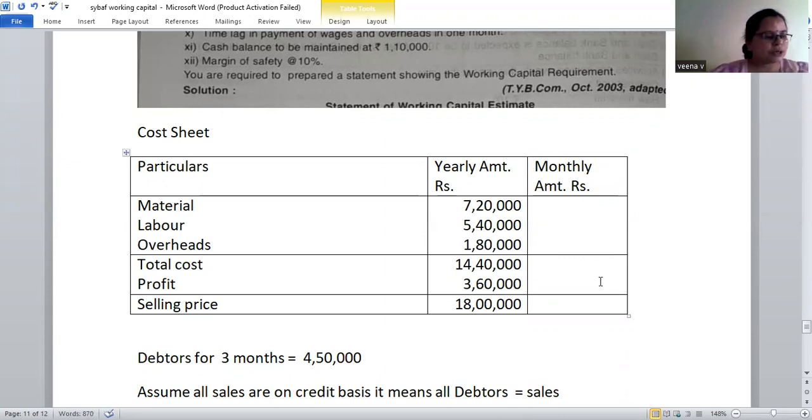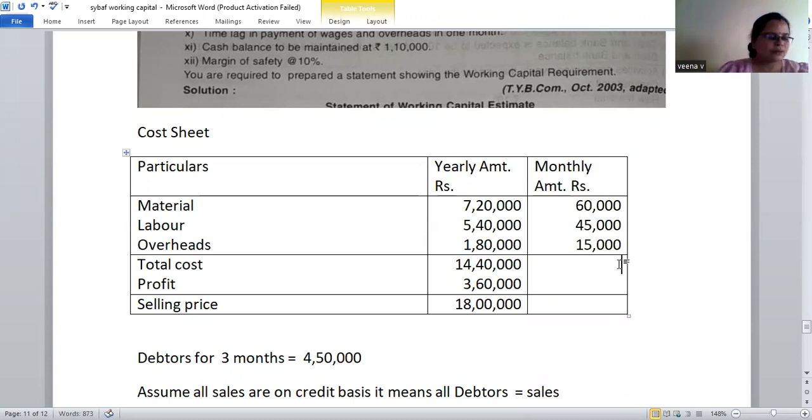So all these figures we got are for 1 year. In a similar way, if each figure is divided by 12, we will get the monthly amount. How is it calculated? 7,20,000 divided by 12 is equal to 60,000. Then 5,40,000 divided by 12 is equal to 45,000. Then 1,80,000 divided by 12 is equal to 15,000.